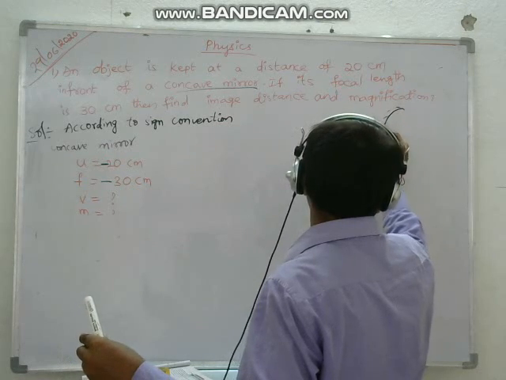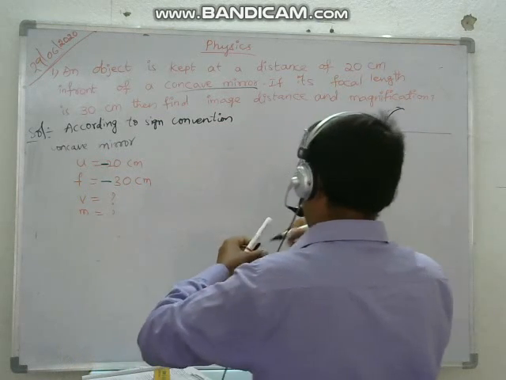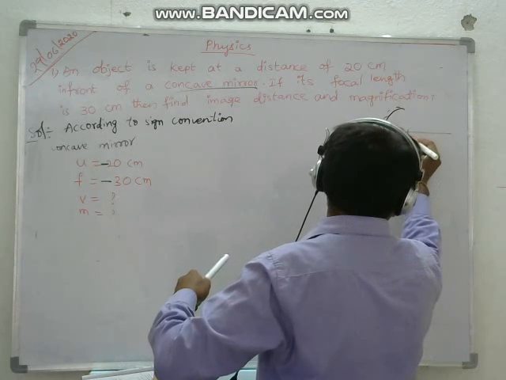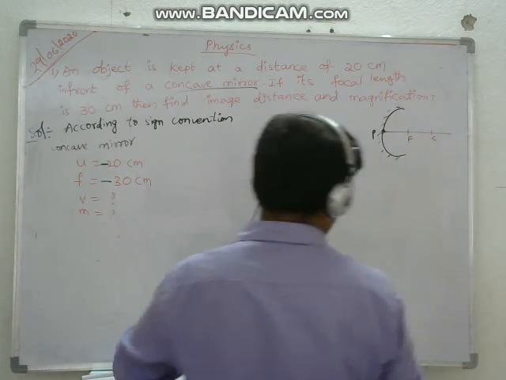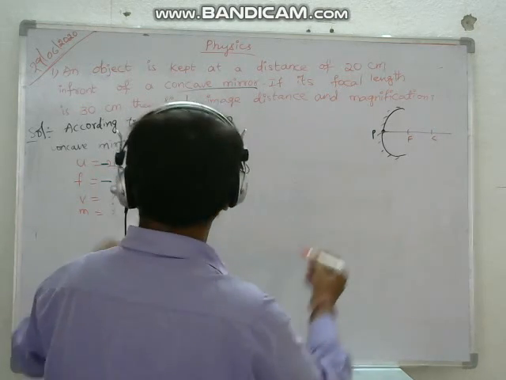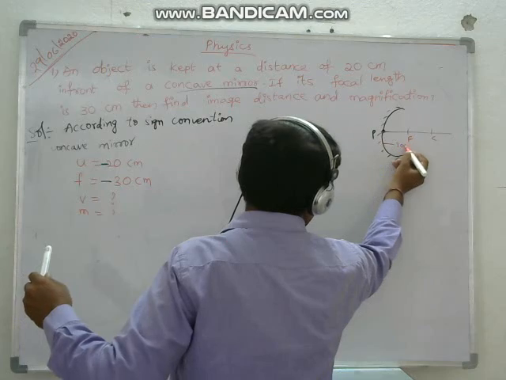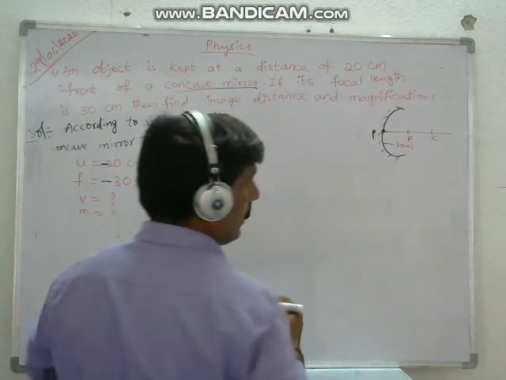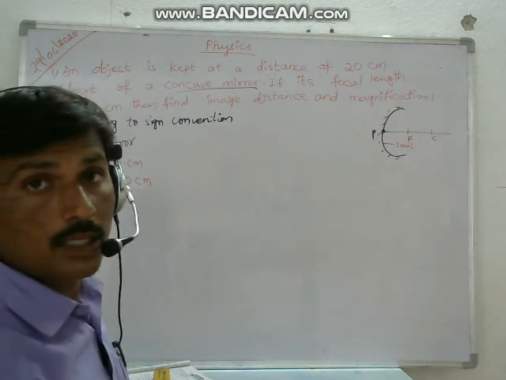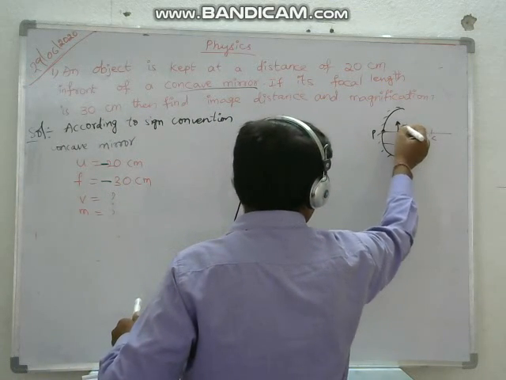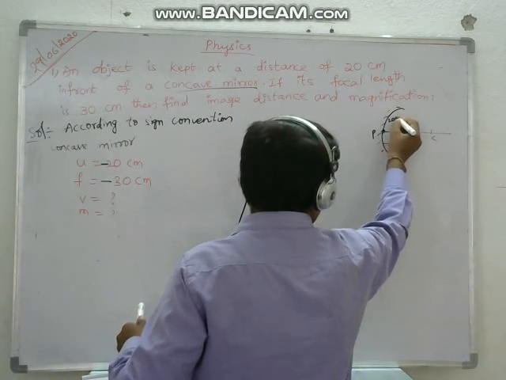Here it is the pole and it is the focus. Somewhere it is the center of curvature. The focal length is 30 centimeter, so from here to here it is 30 centimeter. Now the object is placed at 20 centimeter only.